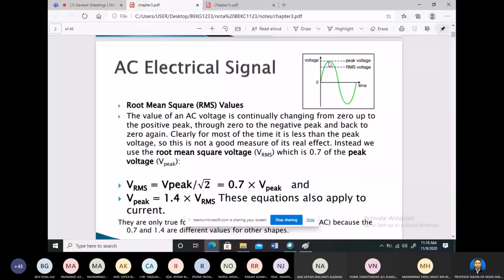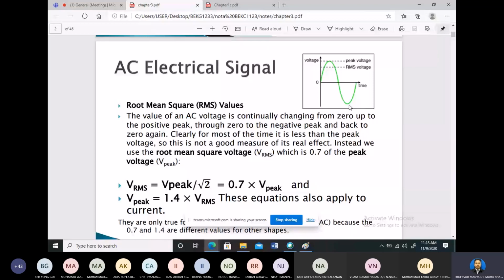Then through 0 to the negative peak, and back to 0 again. We call this sinusoidal. From here it goes to the peak, the positive value, then to 0, then to the negative. This is the negative peak value, and it will be the same as the positive peak.